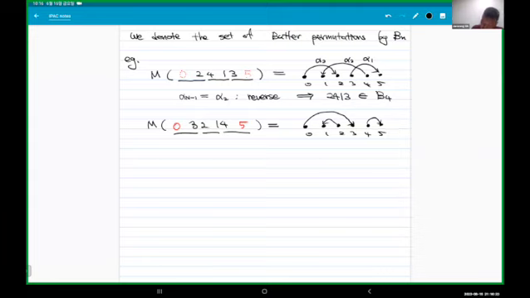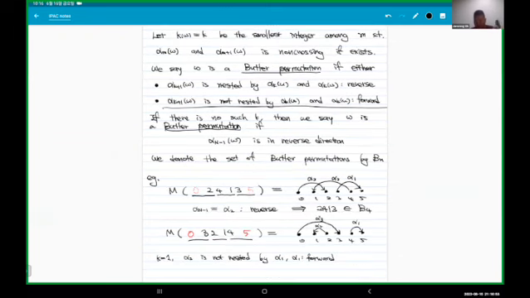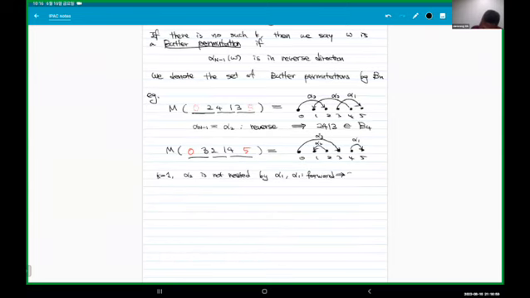Since alpha 1 and alpha 2 are non-crossing, our k is 1, and alpha k plus 1 is not nested by alpha k, and alpha 1 is in forward direction. So this fits the second condition: alpha k plus 1 is not nested by alpha k, and alpha k is in forward direction.